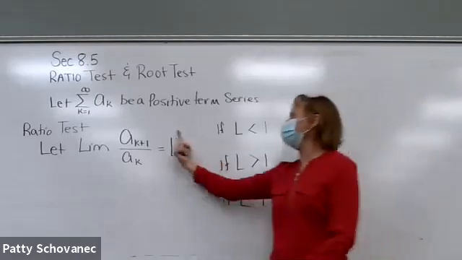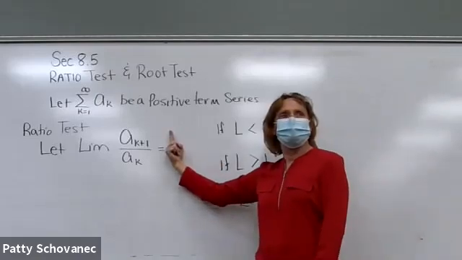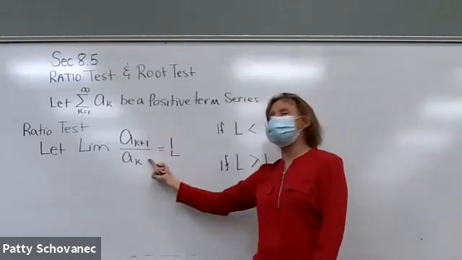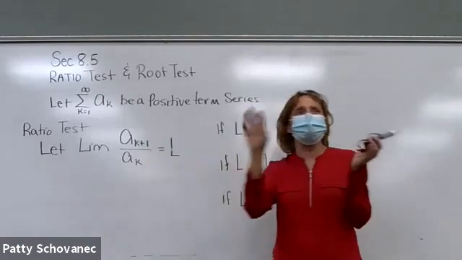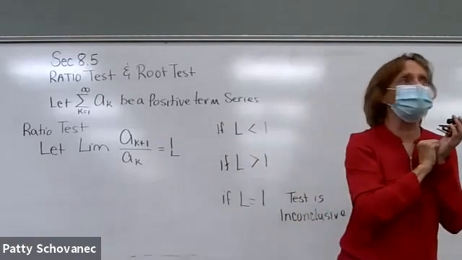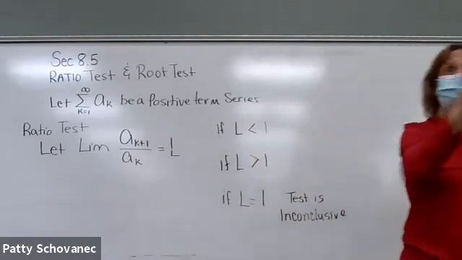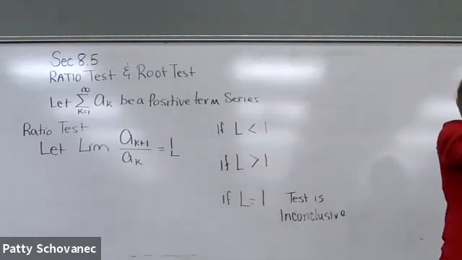Because what happens if the limit is equal to 1? That means the next term is growing at about the same rate as the previous term. And so I don't know if my sum is getting small quick enough. I need my terms to go to 0, but I also need my sum to get small quick enough.